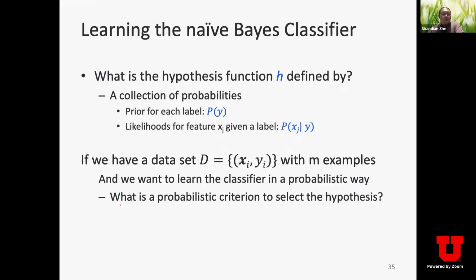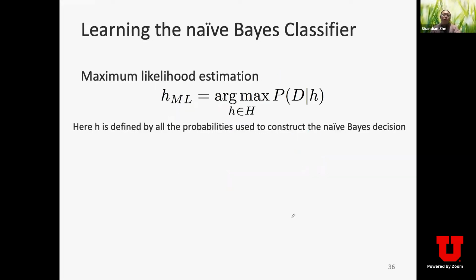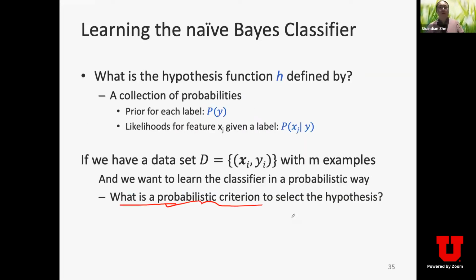As we mentioned, we want to use a probabilistic criterion to select a hypothesis. We mentioned that we got two approaches to search: one is called MAP estimation, one is called MLE. MAP estimation just means I'm going to assign some prior distribution over the hypothesis space.